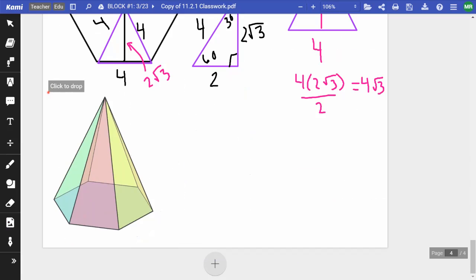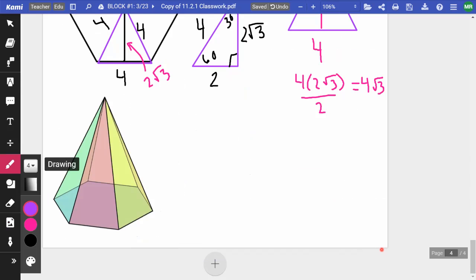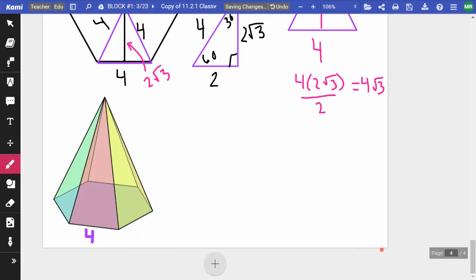Okay, so I got some color on it. I want to find those colored triangles on the side. Those triangles are going to all be the same. And again, when I'm looking at this, this is going to be 4. If I'm drawing here to the corner, that is going to be 4.